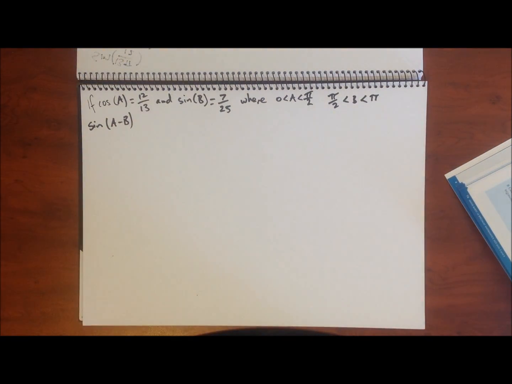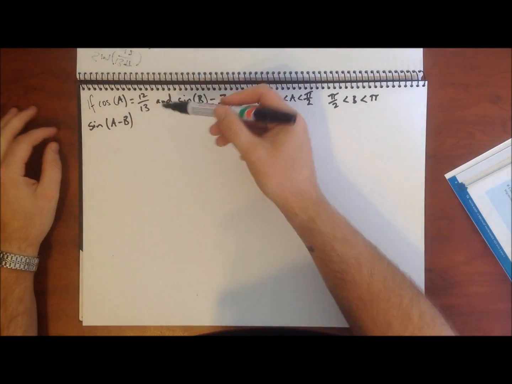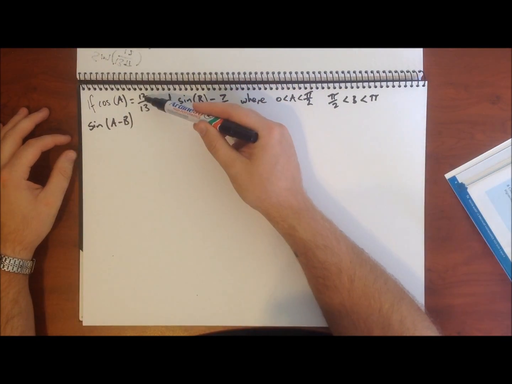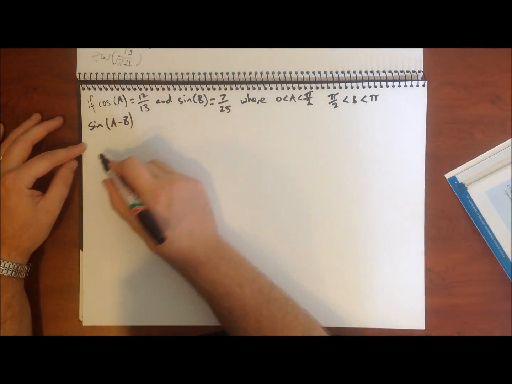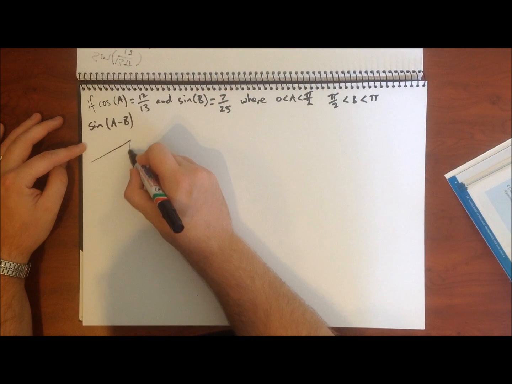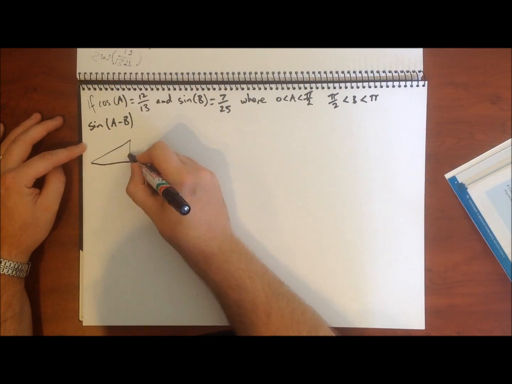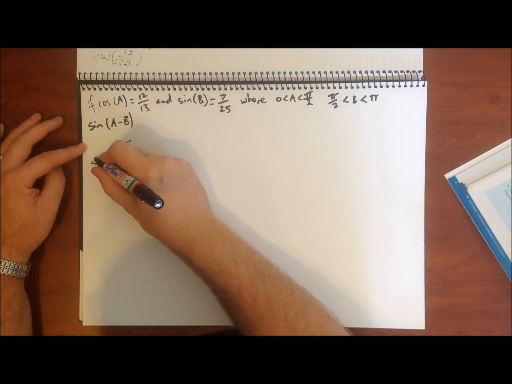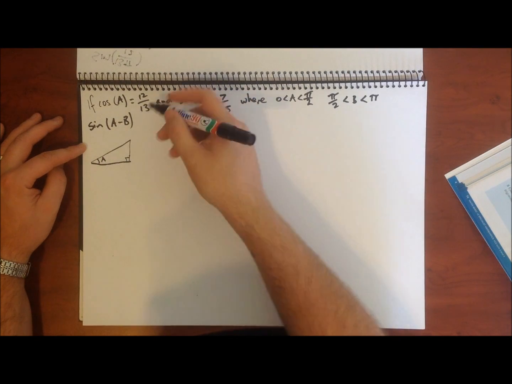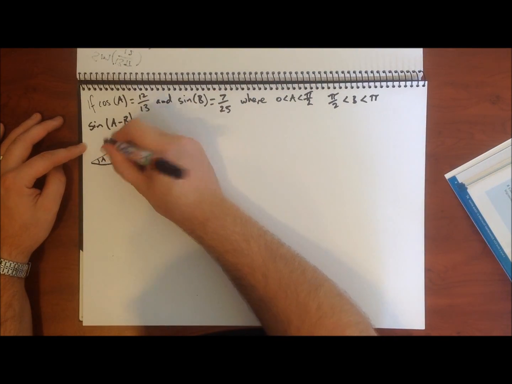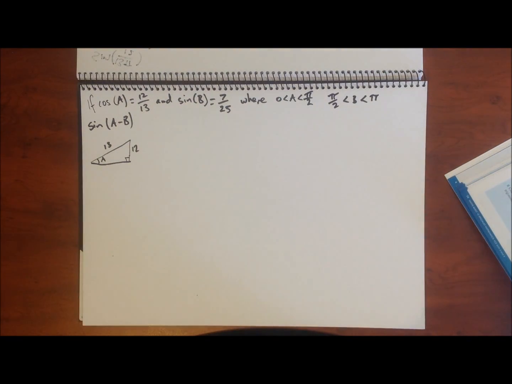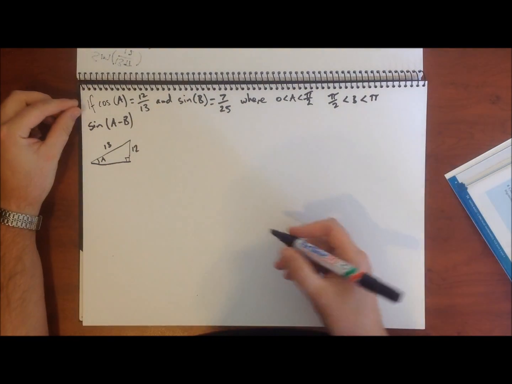Okay, so what we need to do is think about what we've got here. We need to think about our basic definition of cos, and it's our adjacent over our hypotenuse. So we can think of a triangle here. Our right angle triangle, that's our angle A here, and we've got our adjacent of 12 and our hypotenuse of 13. So we can work out our other side by a bit of Pythagoras.